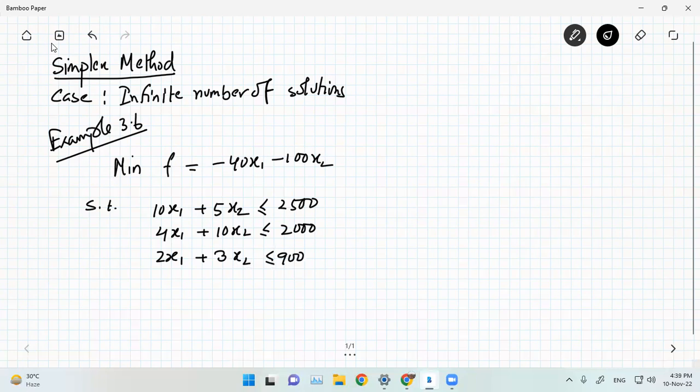And we are always given the constraints x1 greater than or equal to 0 and x2 greater than or equal to 0.